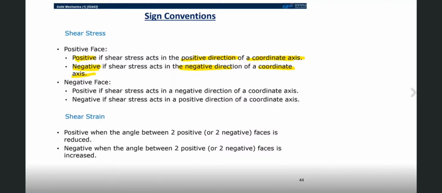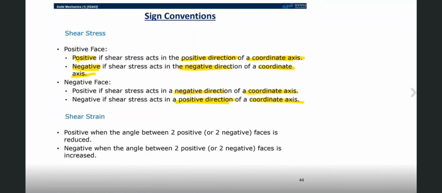And in case of the negative face, the situation changes. It is positive if shear stress acts in a negative direction of a coordinate axis, and negative if shear stress acts in a positive direction of a coordinate axis. So the basic definition is quite different in case of positive face and negative face.